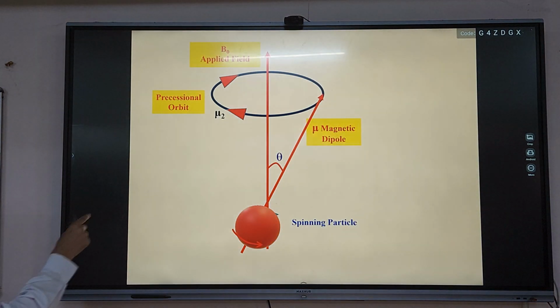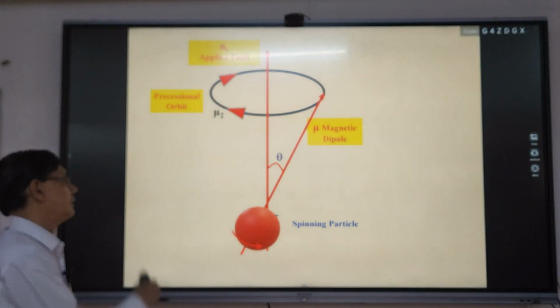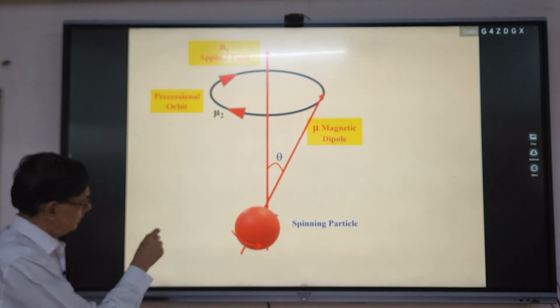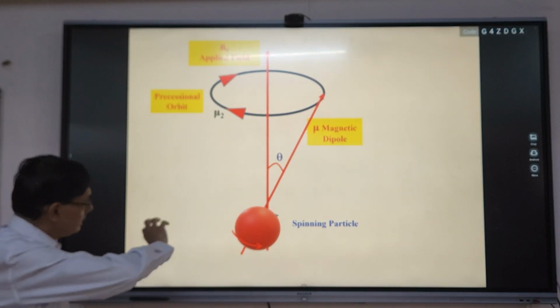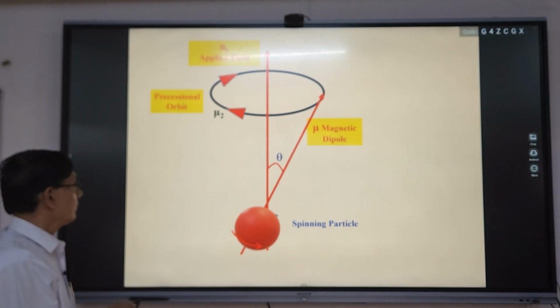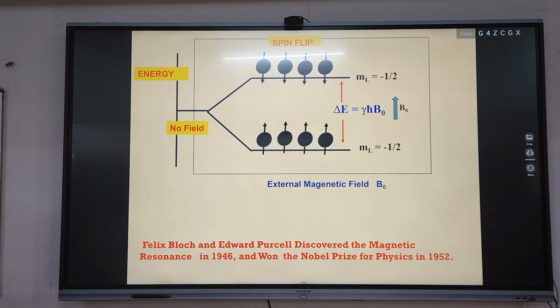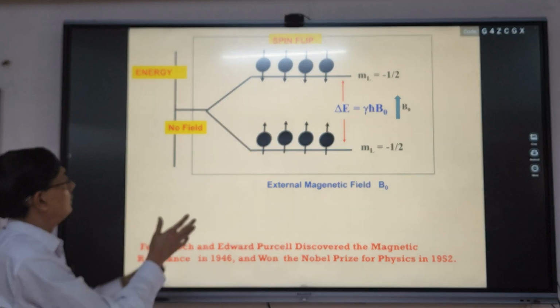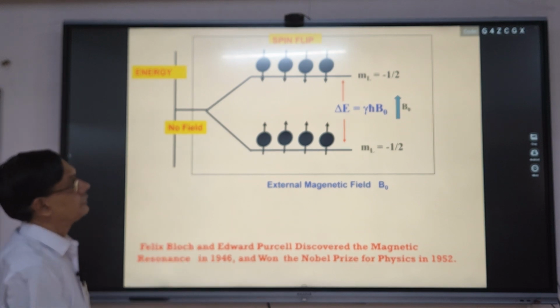So you all know that if this nucleus is NMR active, there is a precessional movement when there is a magnetic field. And now you can understand that this is actually the flipping, the spin flip.